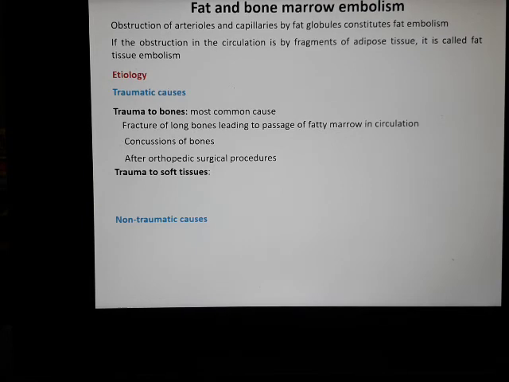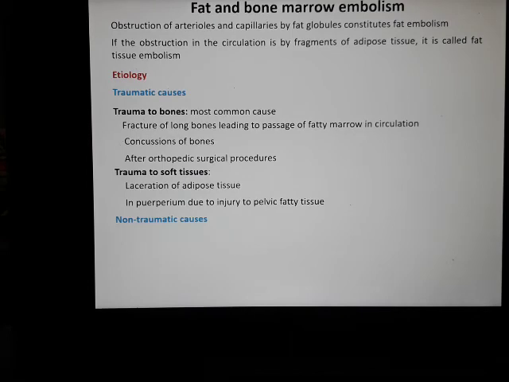Then trauma to soft tissues: laceration of adipose tissue, or in puerperium during labor, injury to the pelvic fatty tissue, from where fat embolism can also originate.